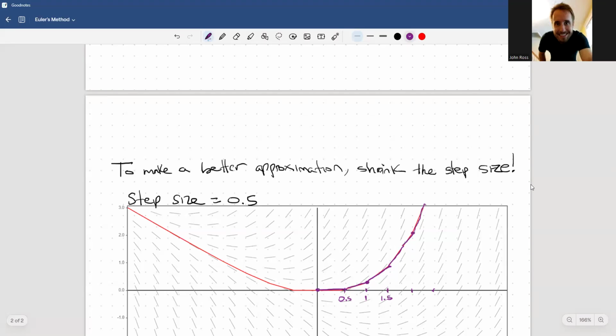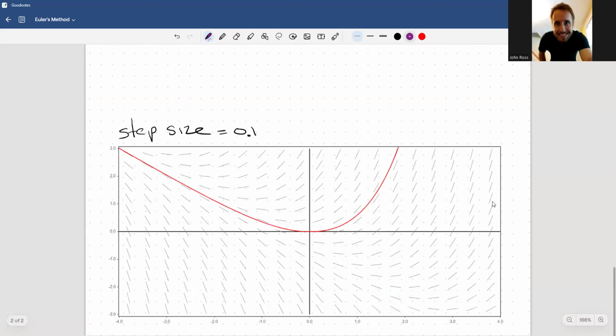And making our step size even smaller will give us an even better approximation. So I'll conclude this video by looking at a step size of 0.1. This means, of course, that there are 10 different breaks between 0 and 1.